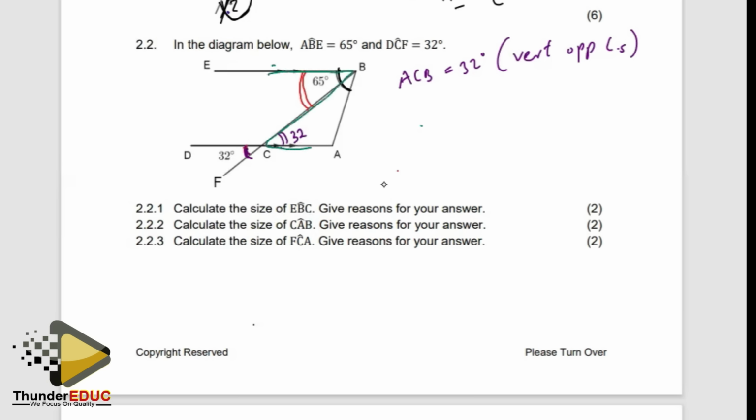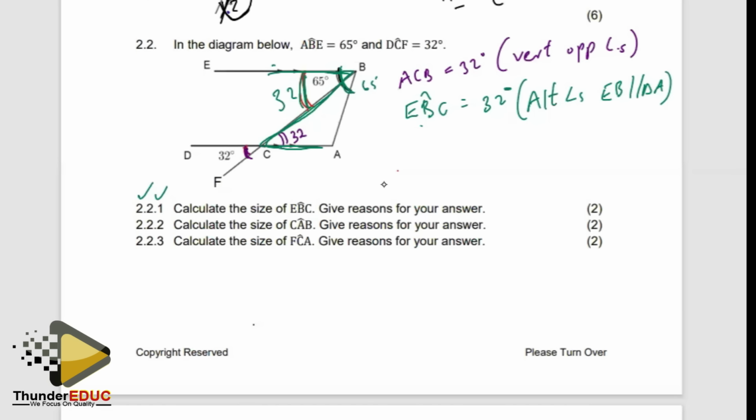Okay, this kind of Z. So, which means this angle alone is going to be a 32. Remember, they told us this entire B is a 65. So you're going to say that ABC is going to be 32 degrees. Those are alternate angles because EB is parallel to DA. Okay, so 2.2.1 is done.